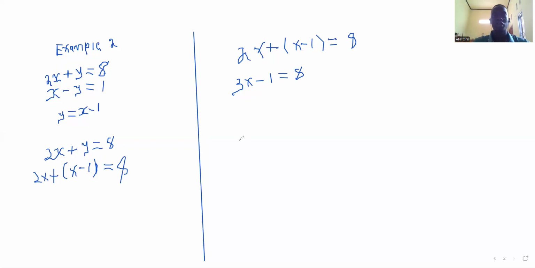So let's try to add it. If we add this 3x minus 1 plus 1 should be equal to 8 plus 1.